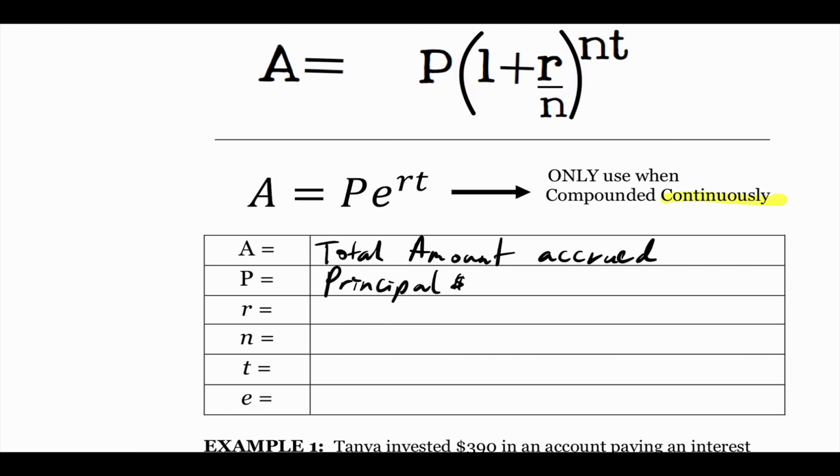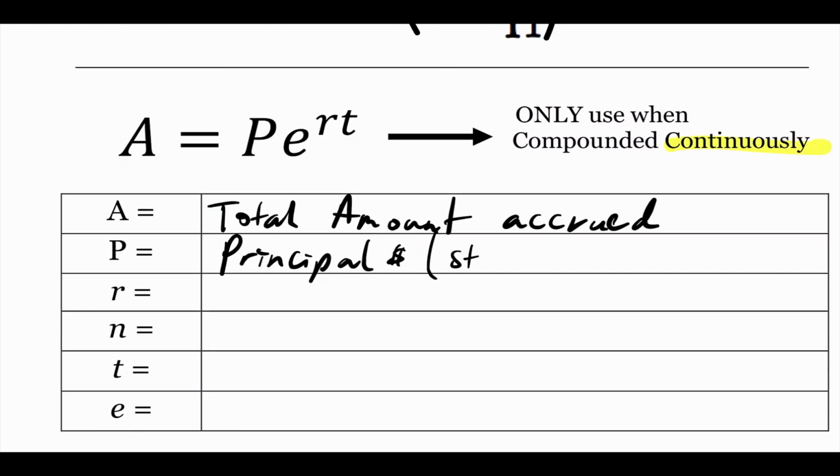Principal is starting money, starting dollars. I can't just say, I want to open a restaurant and have no money. You have to find a space, you have to rent the place, you have to buy the equipment, you have to hire people even before you start to open, you have to buy all of the overhead, what we call it, right? So that's how much money you start with.